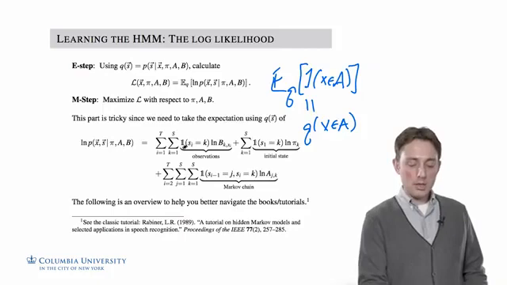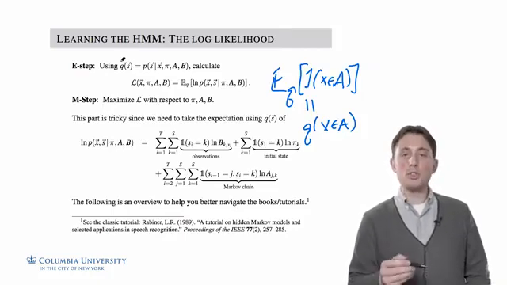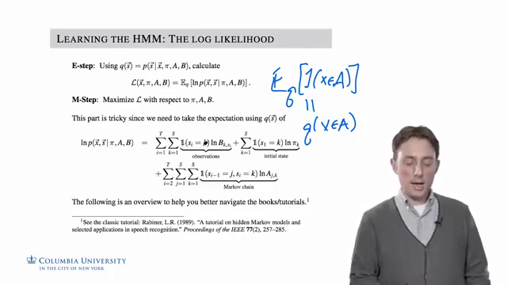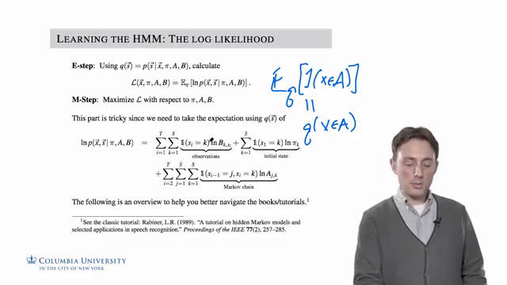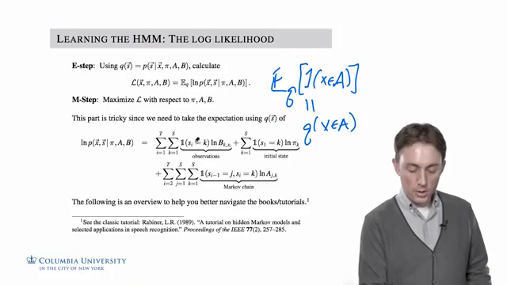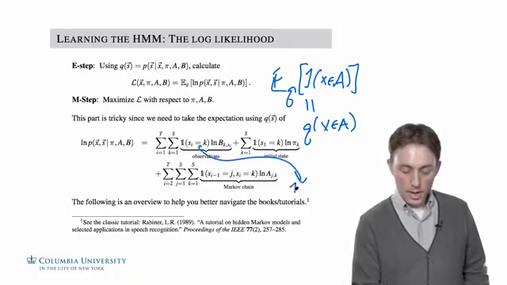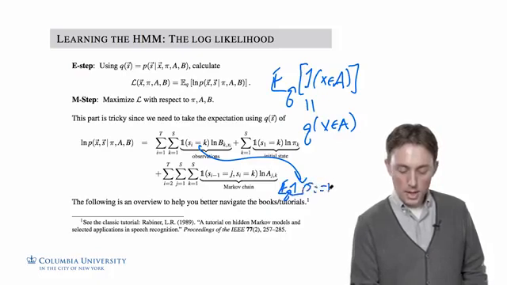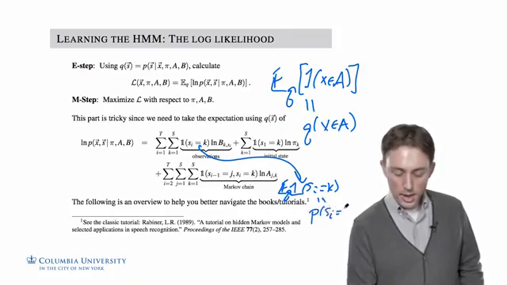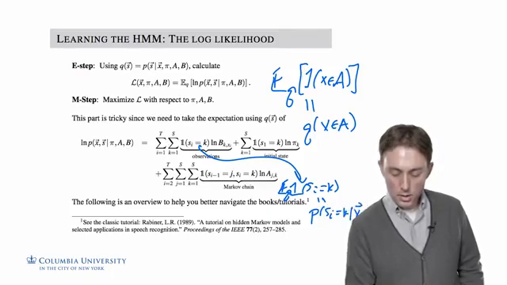So this expectation of this event according to this distribution is the marginal conditional posterior of being in state k at time i. So the expectation, I'll just do it for this one example, the expectation according to Q of the indicator of being in state k at time i is equal to the conditional posterior of being in state k at time i given X and given A, B, and pi, the parameters of the HMM.